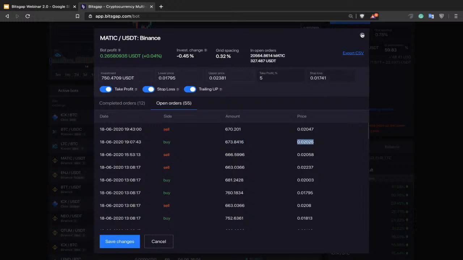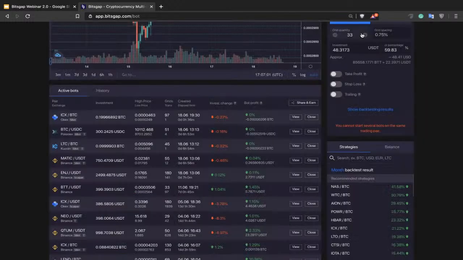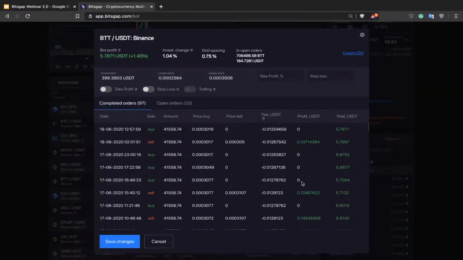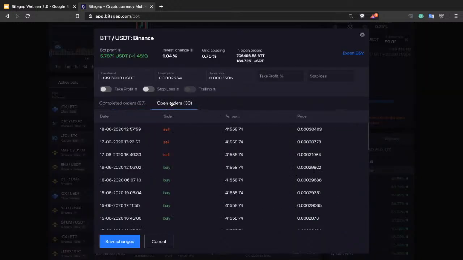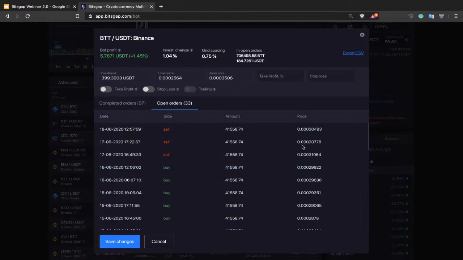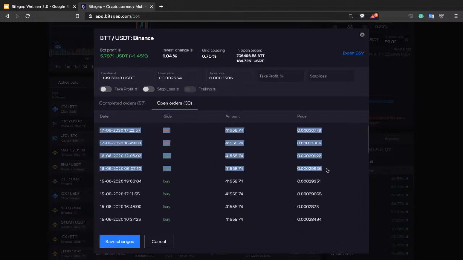But in case of the classic bot and the scalper, they have a different approach. Here we go, the classic bot, open orders. Notice that we have this same amount regardless of the price. If you multiply that amount by that price, you will get a lower investment allocation compared with this one. Same applies here.